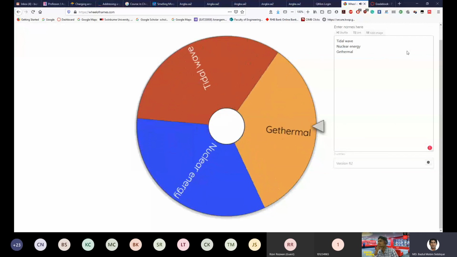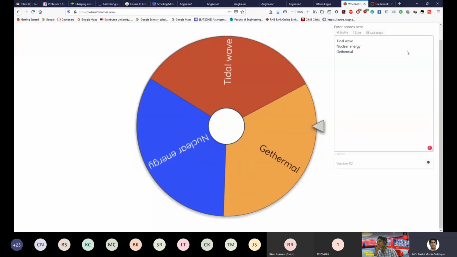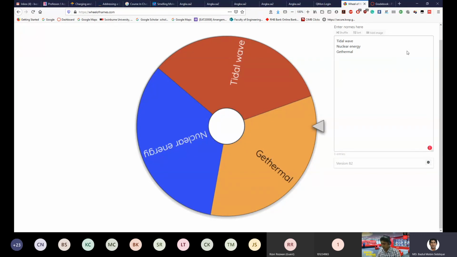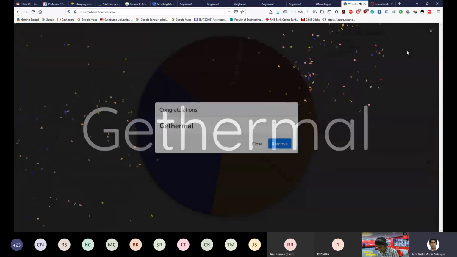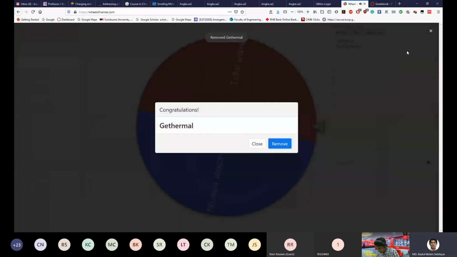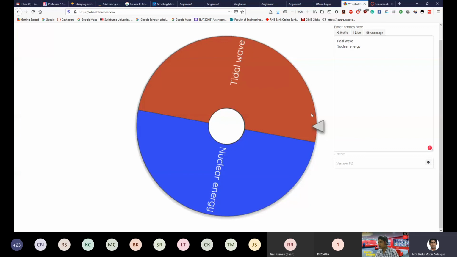See, I made a mistake, a spelling mistake. It should be geothermal. So group 3 is geothermal. And the rest 2, who is going what?